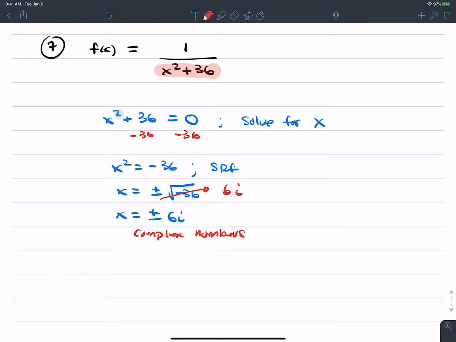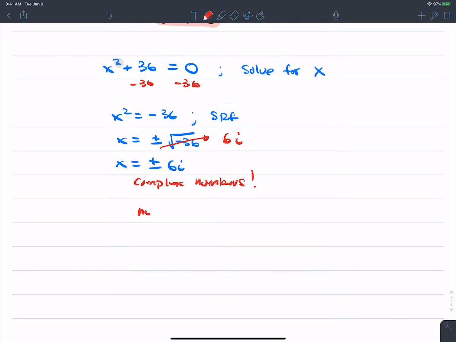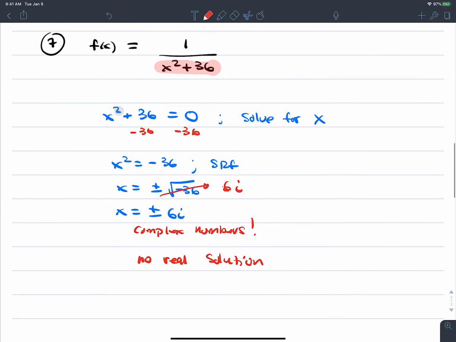Now remember, we're only considering real numbers. So when you get complex numbers, if the context is real numbers, what you can say simply is that there's no real solution here. Meaning even though you solved for x right here, and you got x is plus or minus 6i, these are not real solutions, so we don't even consider these.